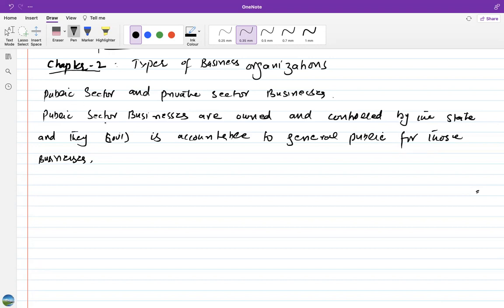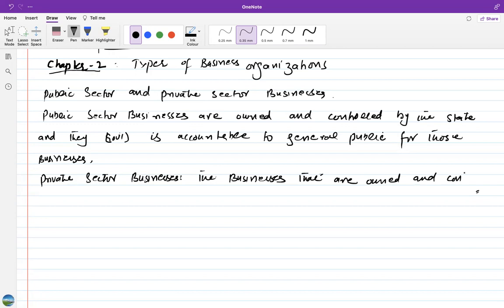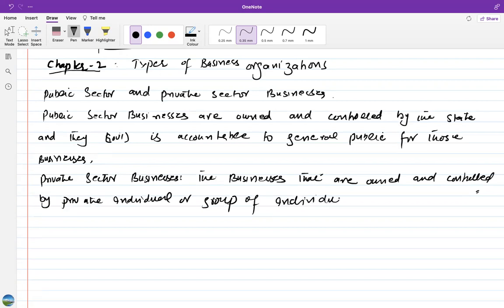And the private sector businesses that are owned and controlled by the private individuals or the group of individuals. These are two types of businesses, private sector and public sector businesses.